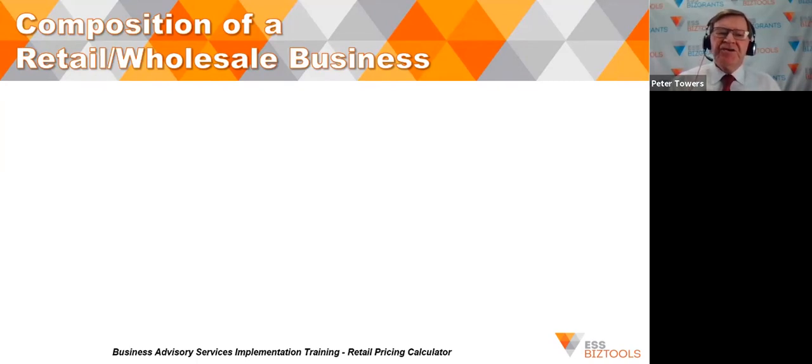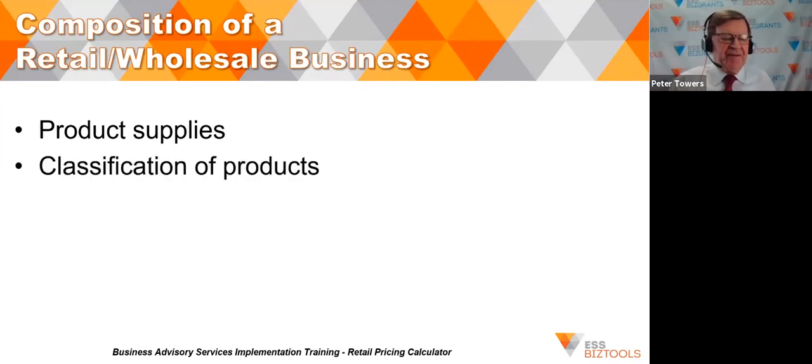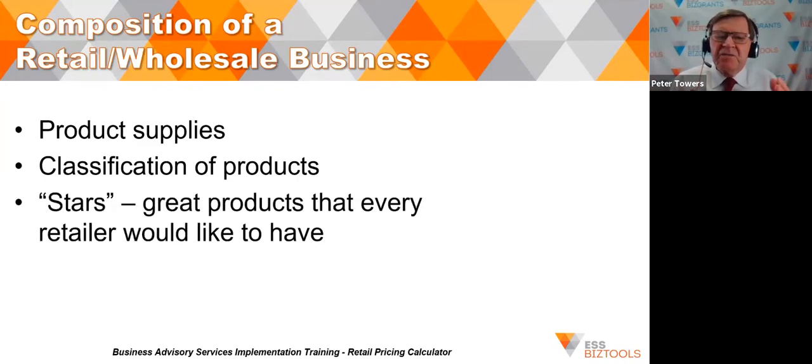Let's look at the composition of retail and wholesale businesses. Obviously, there's product supplies, but they're various types, aren't they? There's all different classifications. It's a very unusual business that's got all the same. When you look at stock, it breaks down into categories.